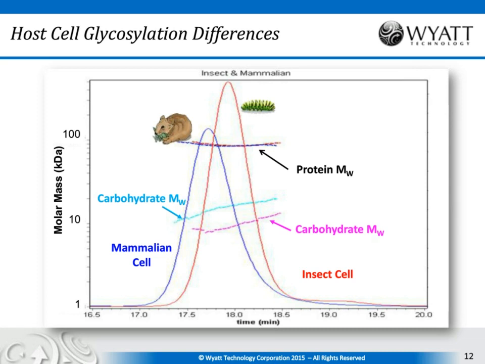But the degree of glycosylation is different between the 2 cells. There's more glycosylation from the mammalian cell than from the insect cell. And if you look at how the molecular weight of the conjugate of the carbohydrate changes across the peak, you can also get an indication of the polydispersity of the glycosylation in the different cells.